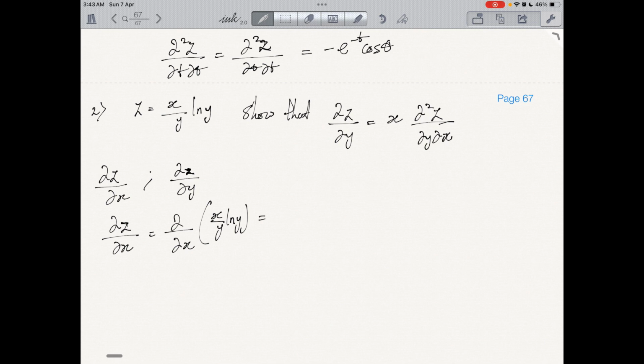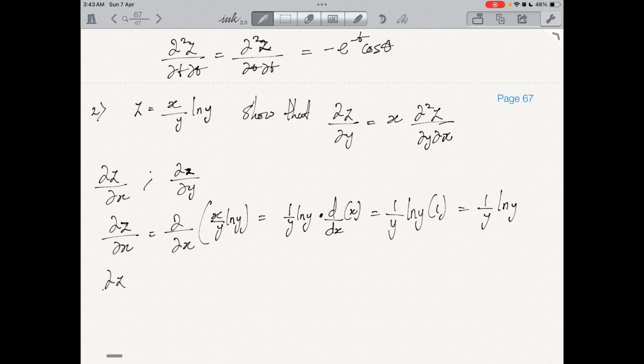And that means we have ln y multiplied by the full differential of x with respect to x, and that will give us ln y of 1, and our answer will be ln y.